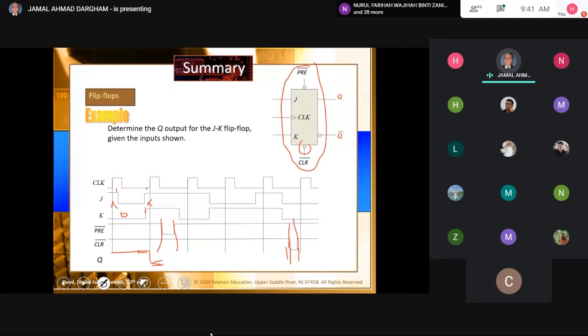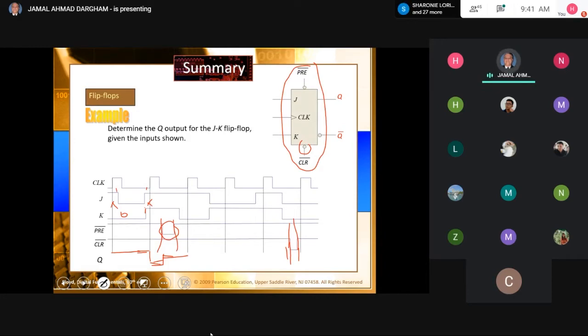Because in this part, it depends on the preset. Preset is active, therefore it will go to 1. After that it becomes inactive, so it will remain after here.